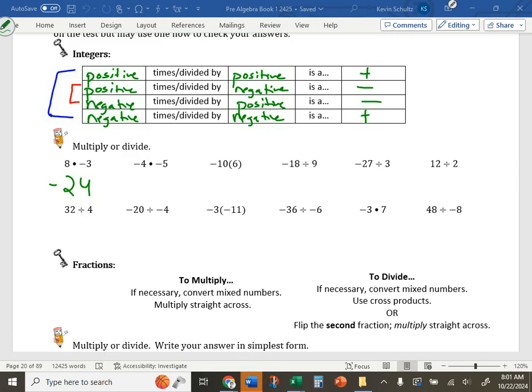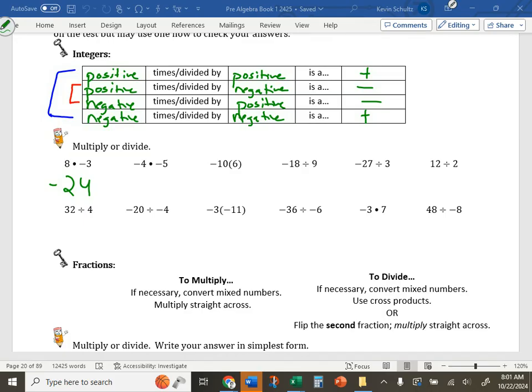Okay? You'll also notice, I'm not using the X to show that we are multiplying. I'm using the dot. What other method do I use here on this page to show that we are multiplying? The dot is one way to show it. What's a second way, Ava? The one for negative 10 and 6, like the roundy thing?